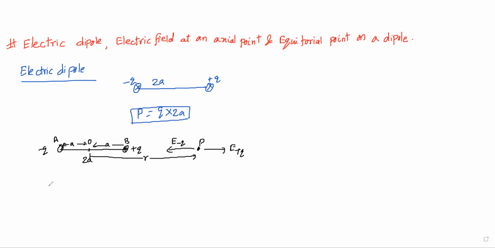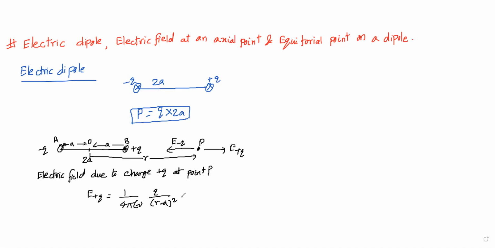Okay. Now electric field, we can write electric field due to charge plus q at point P. So E plus q is equal to 1 by 4 pi epsilon naught q by r minus a whole square into P cap. That is E plus q. All right. Now, the resultant electric field, again here E minus q you can consider.